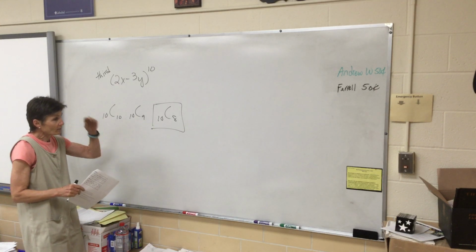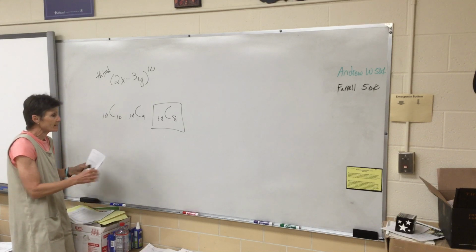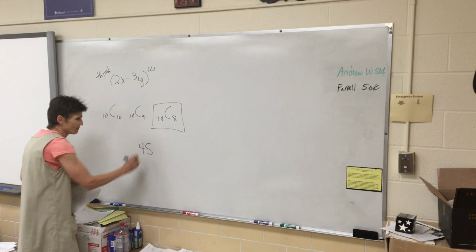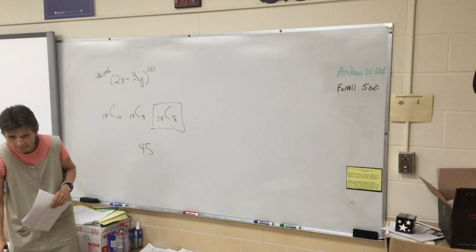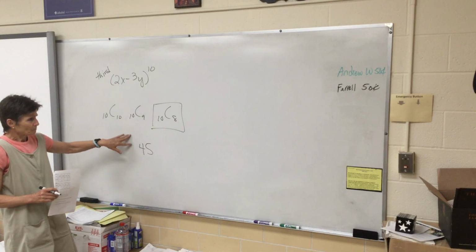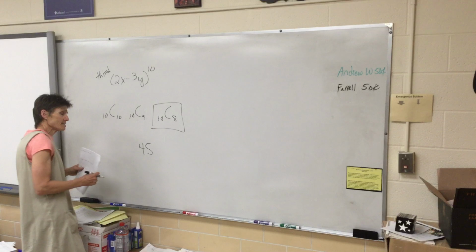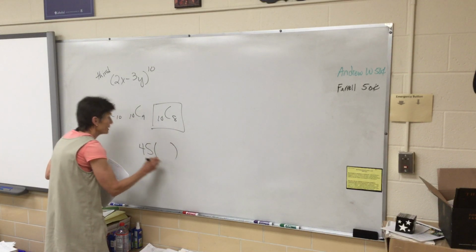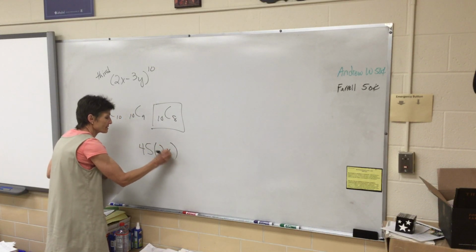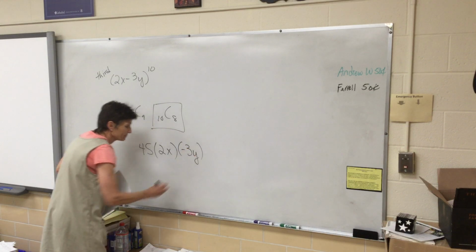So then I go to my calculator and I do 10C8, and I think that's 45. But somebody can check me to make sure. Now next to that number is going to go a 2x and a negative 3y.